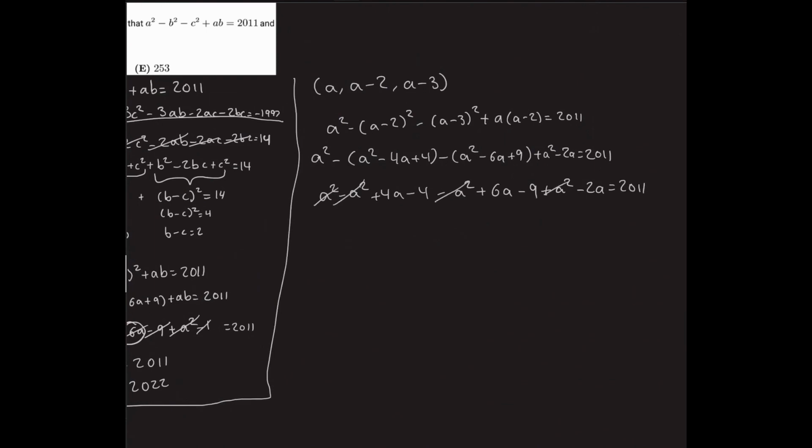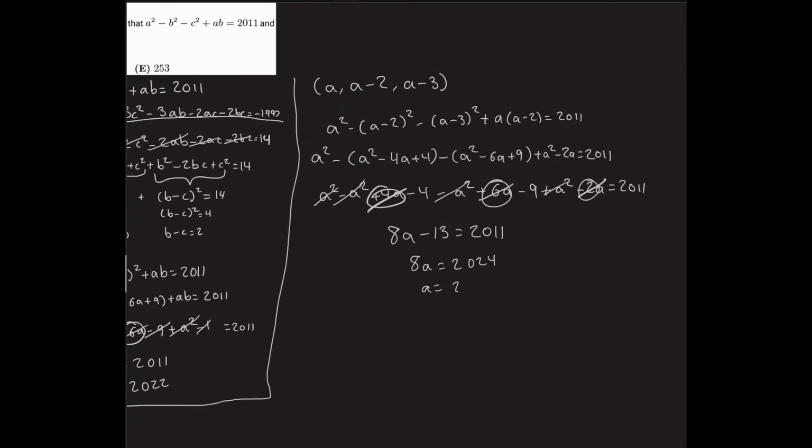So once again, these two cancel out and these two cancel out. So we're left with 4a plus 6a minus 2a, which is 8a, and then minus 13 is equal to 2011. Adding 13 to both sides gives us 8a equals 2024.